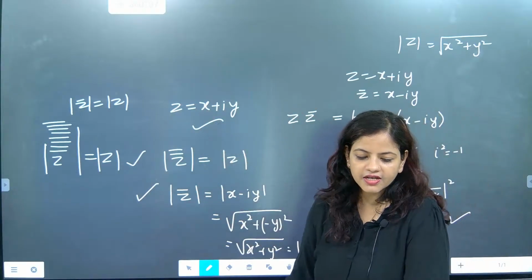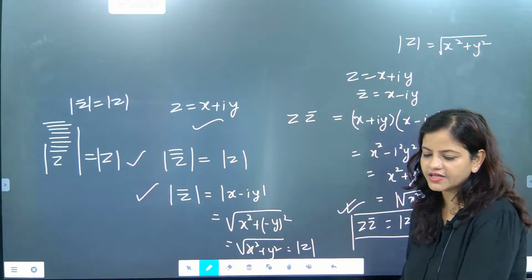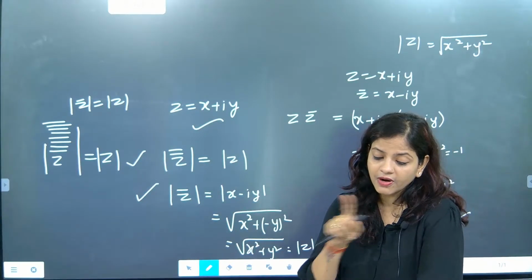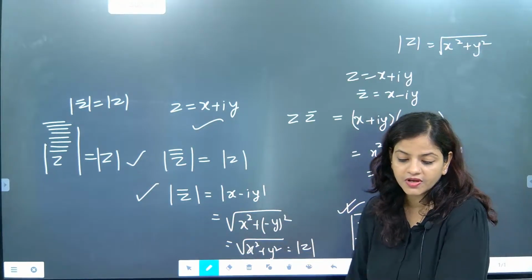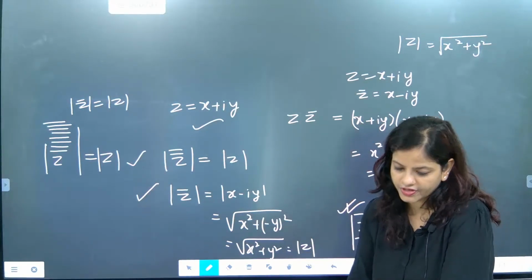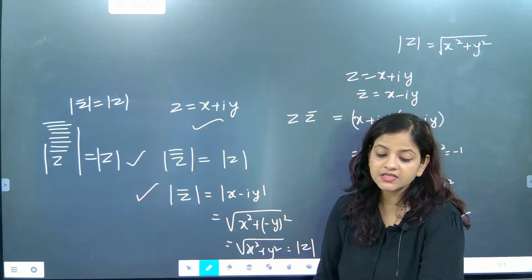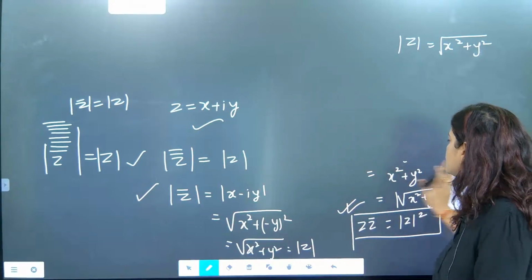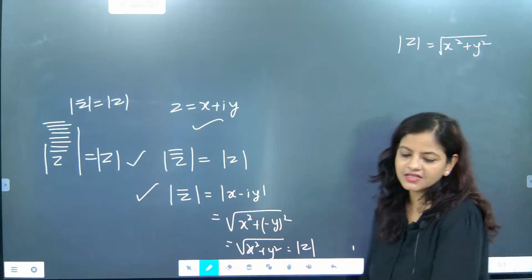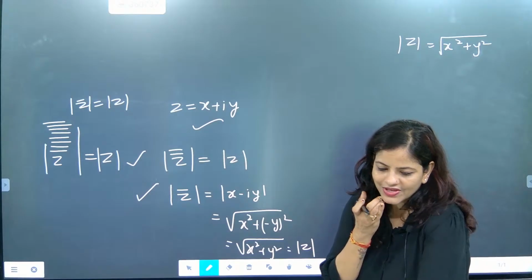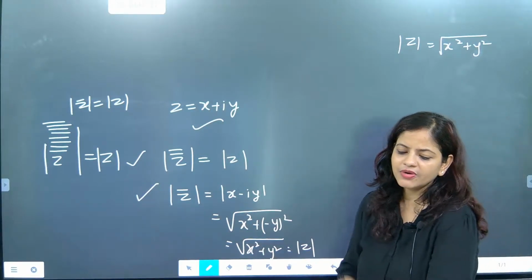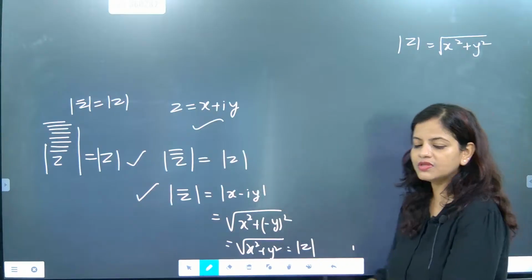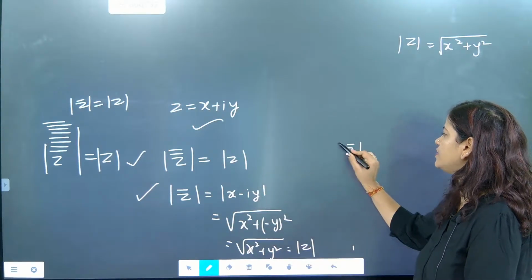No change with root. Taking the conjugate many times is not going to change anything, because whenever you take the negative of the imaginary part, you finally do the square of it. So I have discussed the conjugate coming many times. In the modulus section, they often ask these types of idiotic questions. Not in CBSE, but for competitive examinations they will ask this, because they know that you are habituated to only this.